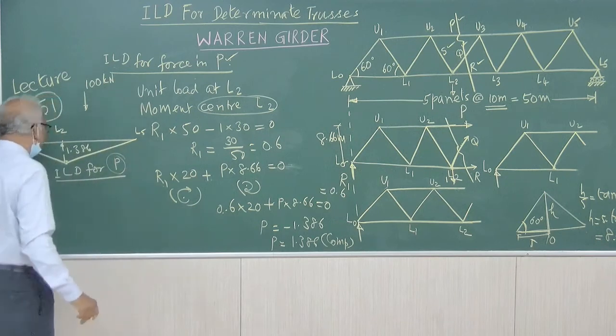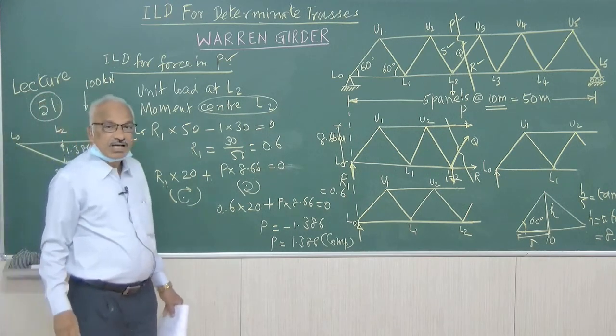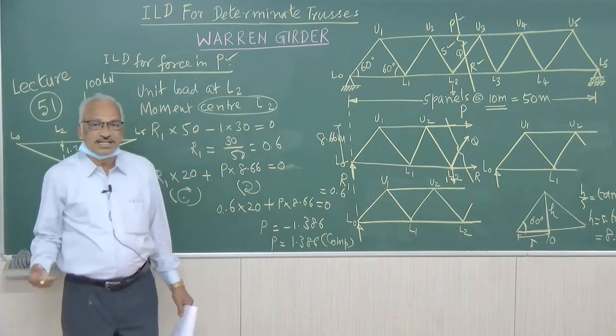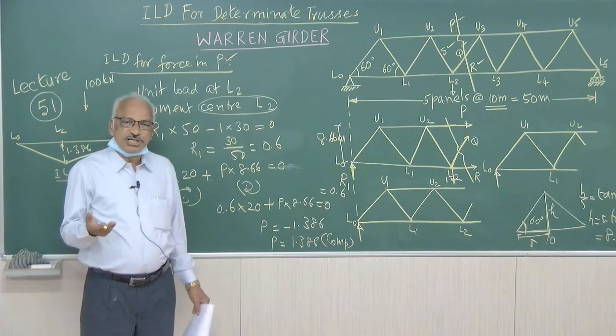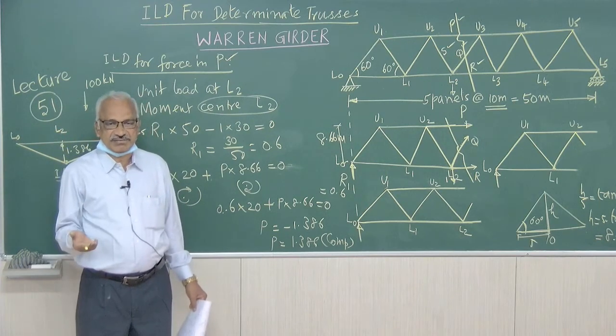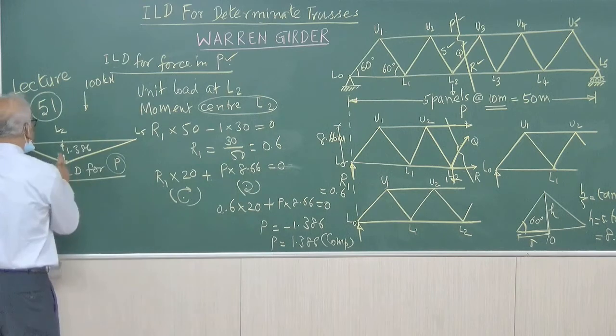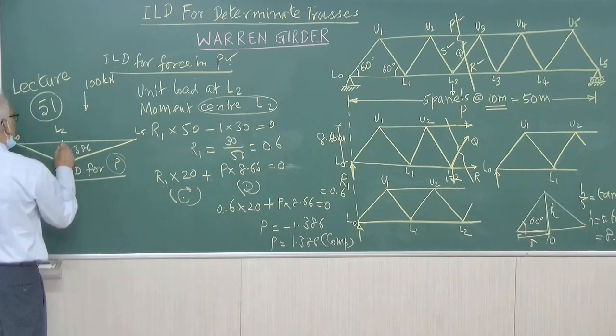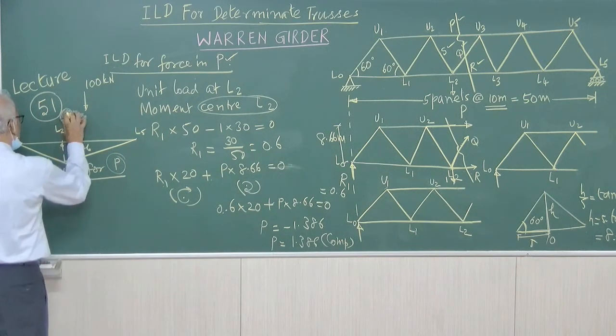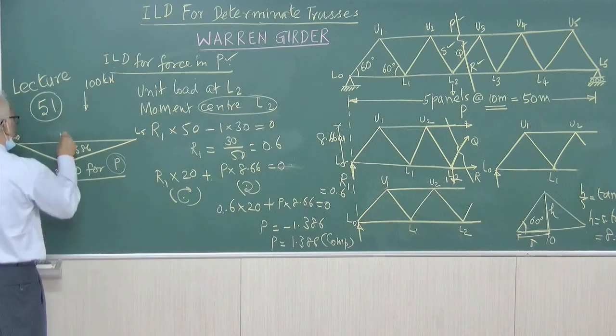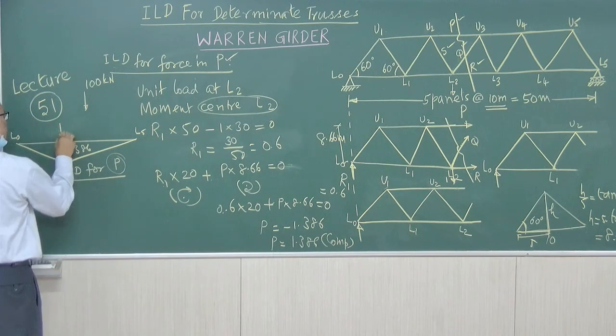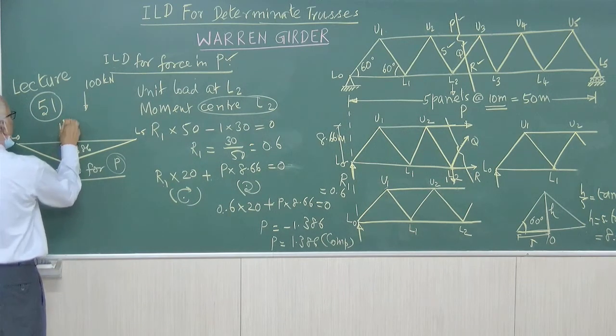We know that when a concentrated load moves from one end to the other end, the force equals the load into the ordinate. So, the ordinate is maximum at L2. Therefore, we have to apply the 100 kilonewton load where the ordinate is maximum.